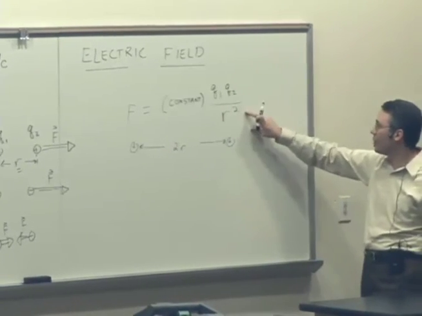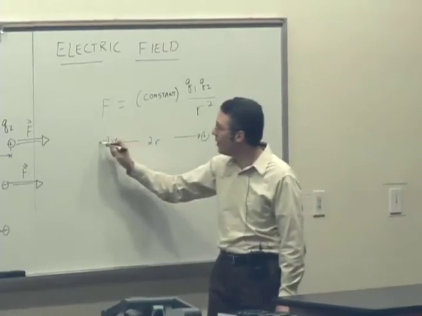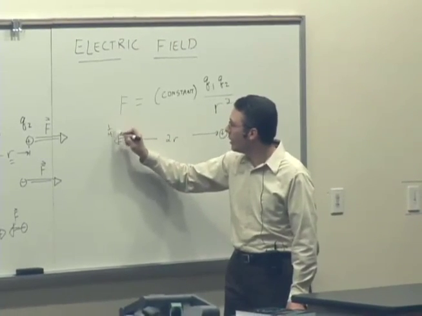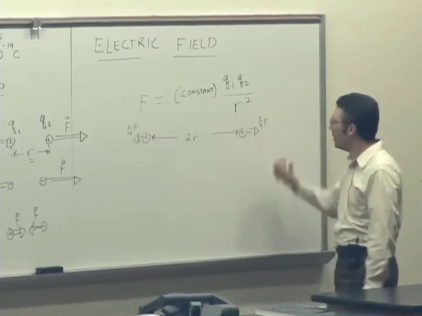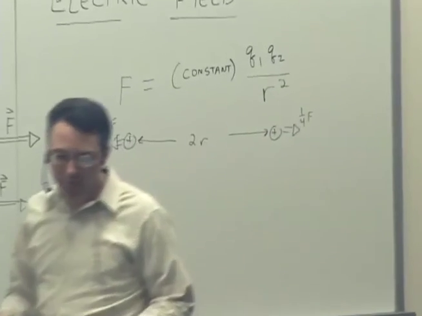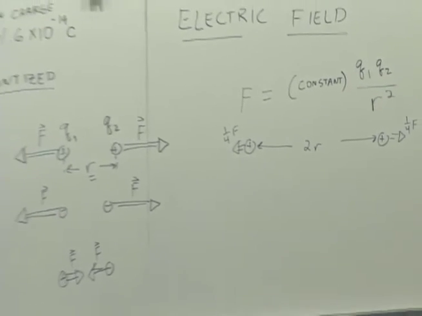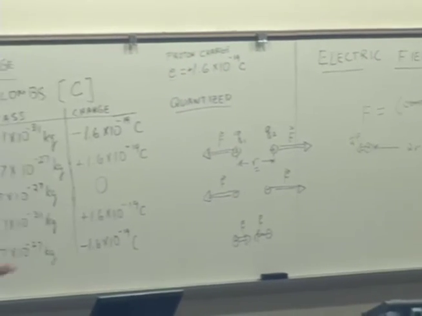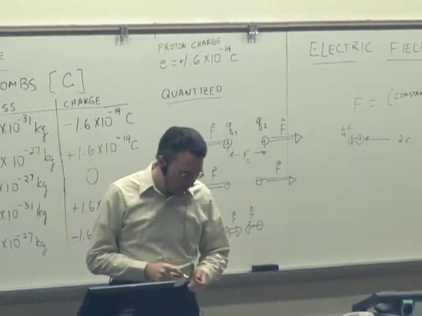Divide by 1 over 2r squared, you get 1/4 r squared. So this is now 1/4 of the force we had before, okay? For a lot of you, this is review. A lot of you have seen this before. This might be new to some of you. And we'll deal with this more as we go along. Now, we know how the electric force behaves and how these charges exert forces on each other.